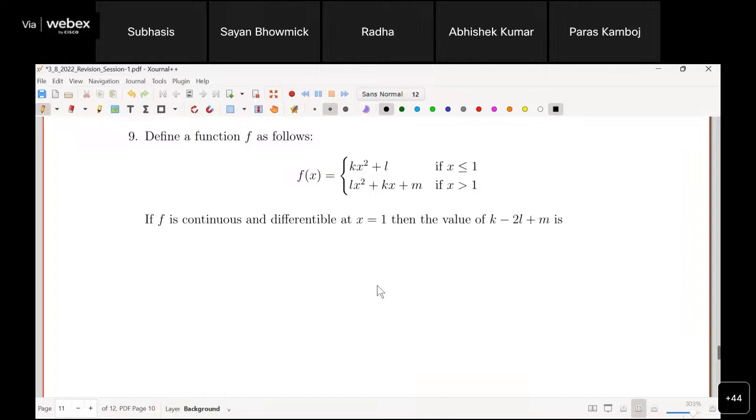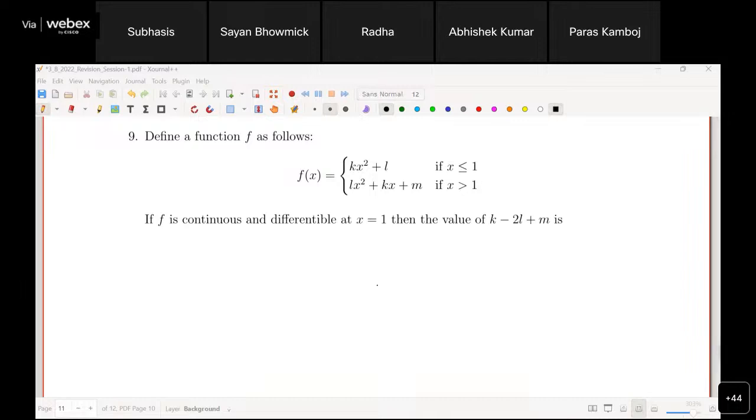How should you do this? First we need to calculate the left-hand limit and right-hand limit, and we know it is continuous, so they have to be equal to the value of the function at x equal to 1.